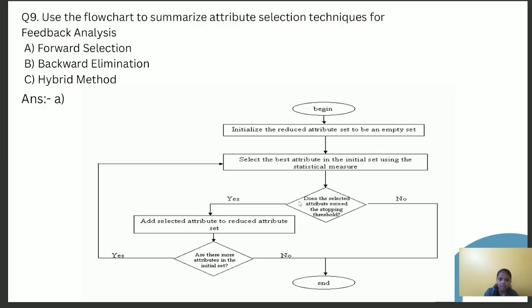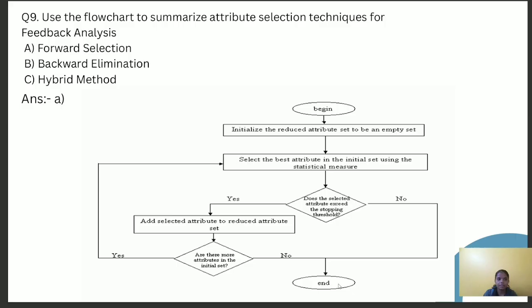If it is yes, then we add the selected attribute to the reduced attribute set, and then we go to: are there more attributes in the initial set? If there are more attributes, then again we perform the step, and if there is no attribute, then we end the forward selection.